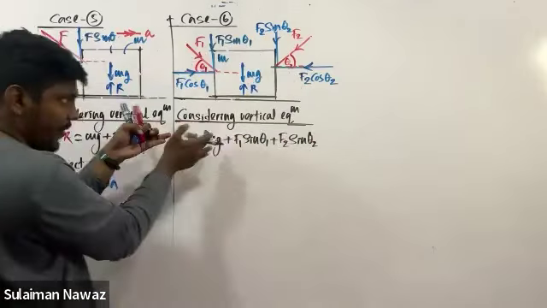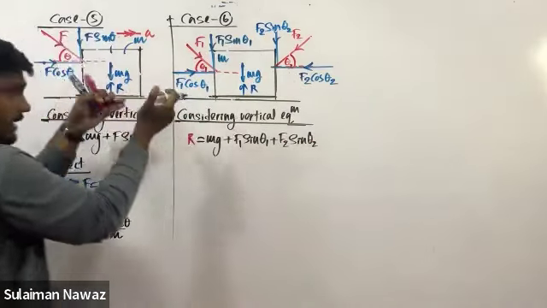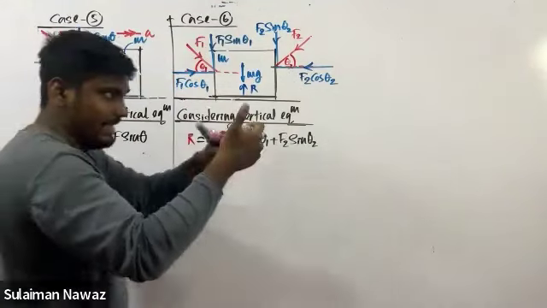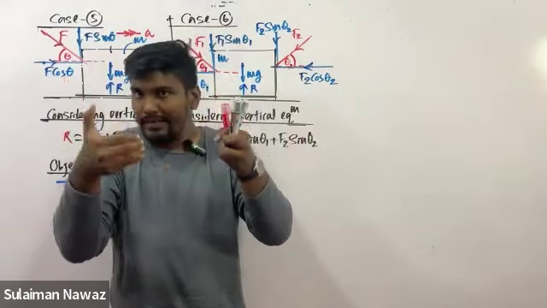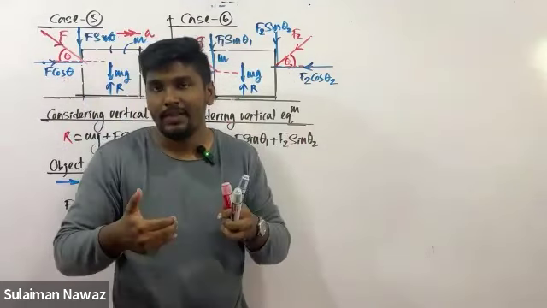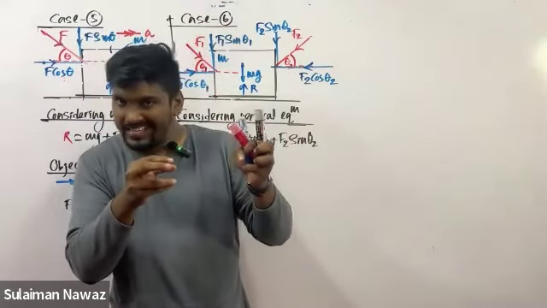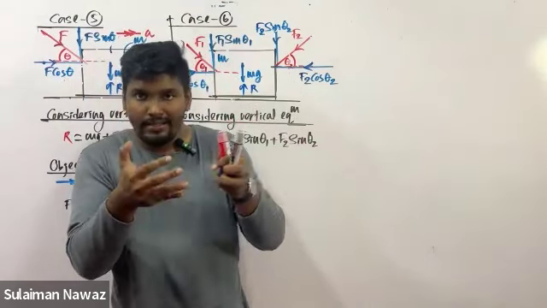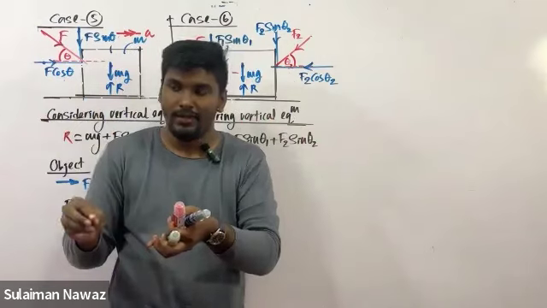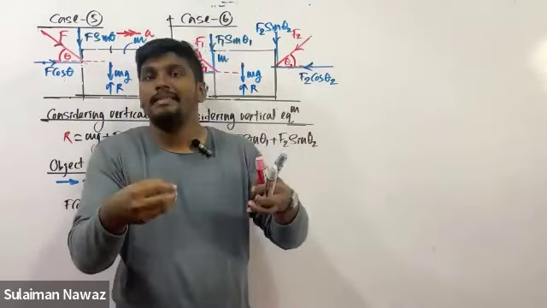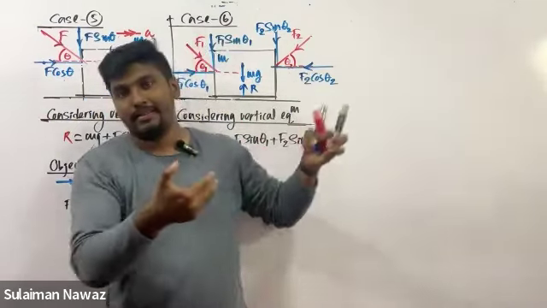These are standard equations now. Why did I divide into cases? In the theory, there is no specific section to be taught as case 1, case 2, case 3, case 4, case 5, case 6. But there can be different question patterns asked on normal reaction forces, so I give all the question patterns as cases.